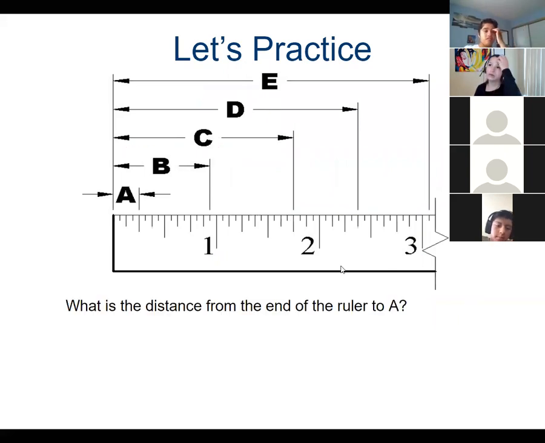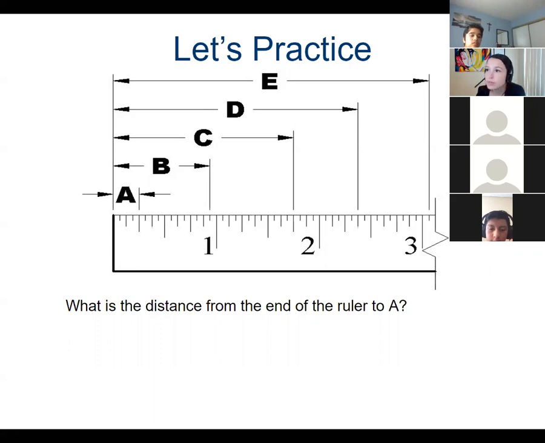Okay, so let's practice, because the only way we're going to really know how to do this is practicing. So let's look at letter A. First off, what is our denominator to begin with without simplifying? Just double check how many little tiny sections are there from 0 to 1 inch? Is it 4, 2, 8, 16, 32? 16.